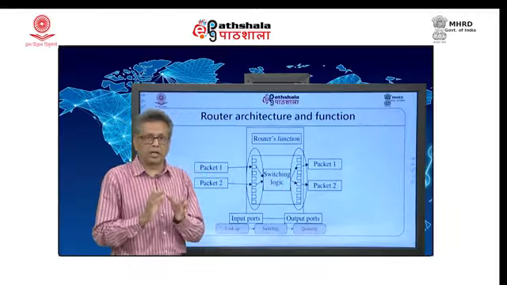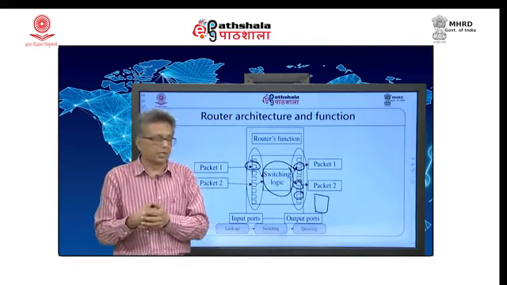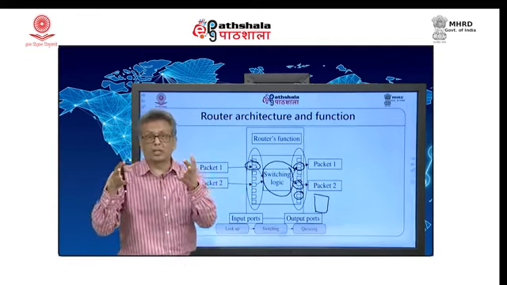It is quite possible that a typical port receives multiple packets, and when it does, we will have to enqueue them and then send them out one by one. So, there are three jobs to be done. Whenever a packet arrives at a port, and remember every input port contains a copy of the routing table that is generated, this port will look at the input packet, extract the destination address and look it up in the routing table.